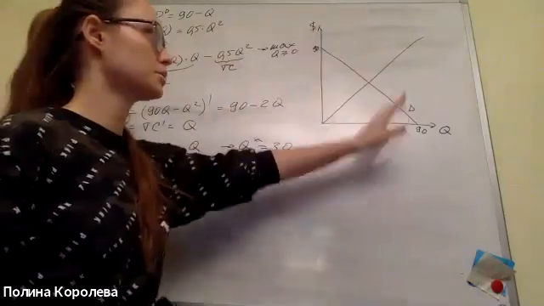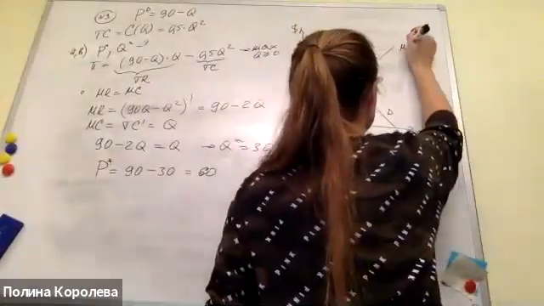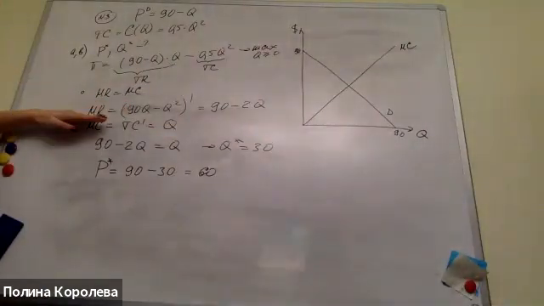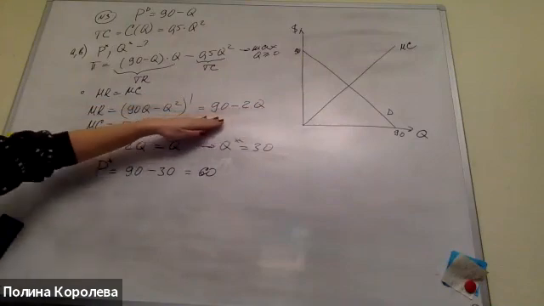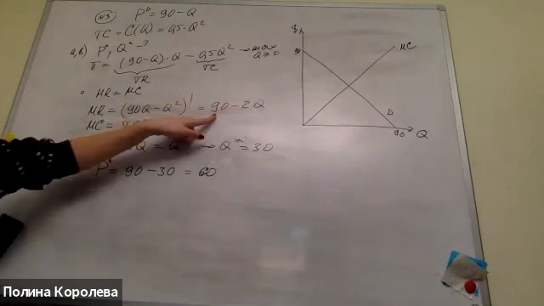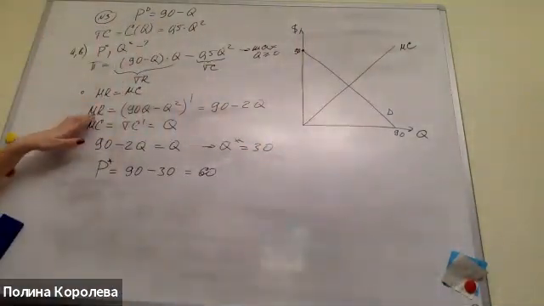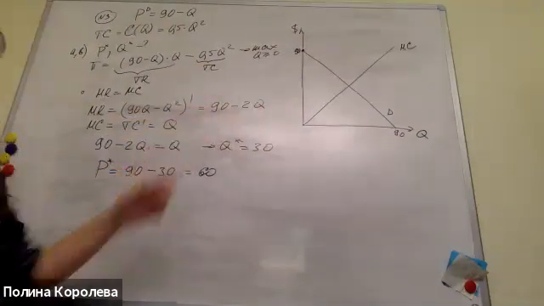It divides our first quadrant into 2 equal areas. This is marginal cost. Then marginal revenue. Marginal revenue is 90 minus 2Q, a linear function with negative slope. If quantity is equal to 0, marginal revenue equals 90. And if marginal revenue equals 0, quantity equals 90 over 2, 45.